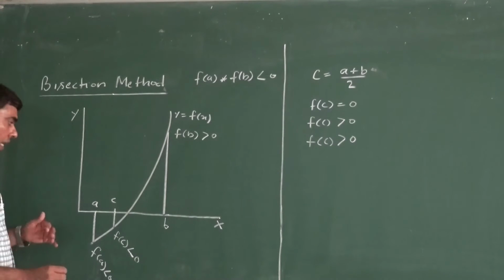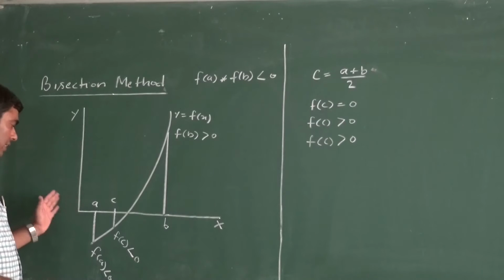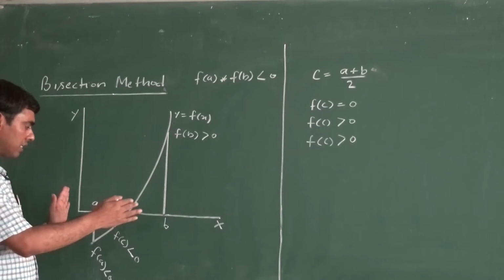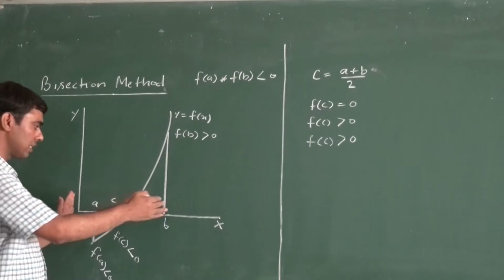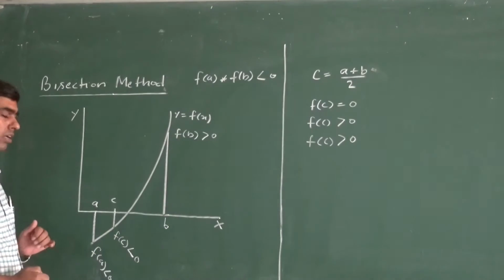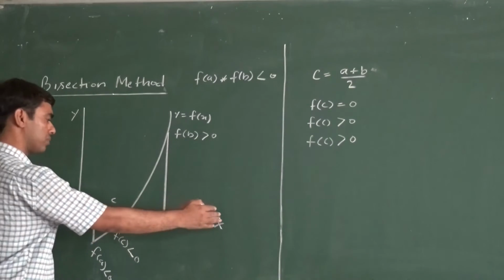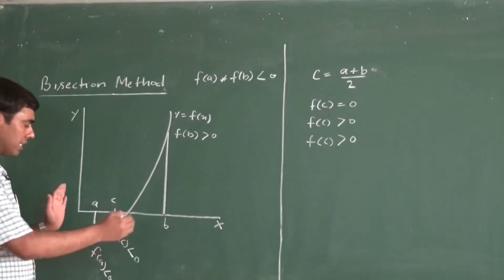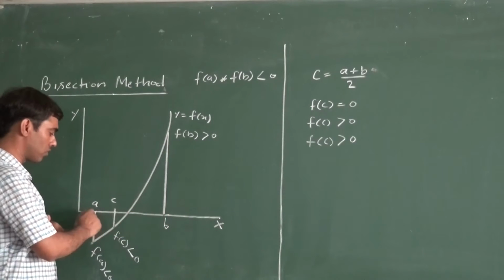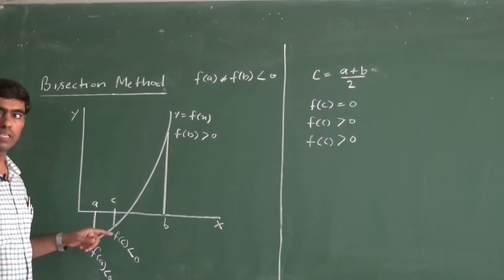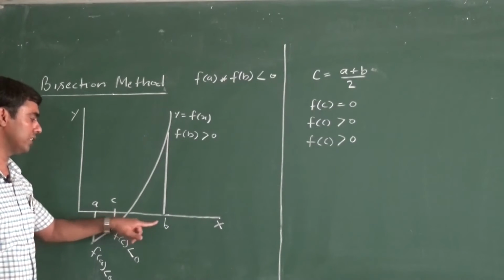So what has happened here? We try to minimize our search space. Initially, what is the search space? Minus infinity to infinity. Then we confine our search space from a to b. Now we confine our search space from c to b.